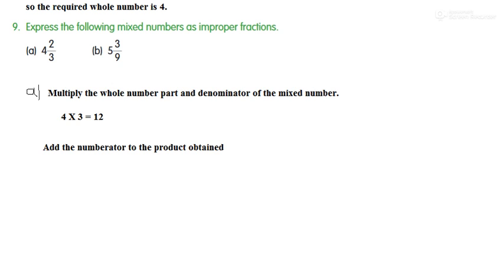Here the numerator is 2 plus 12 equals 14.